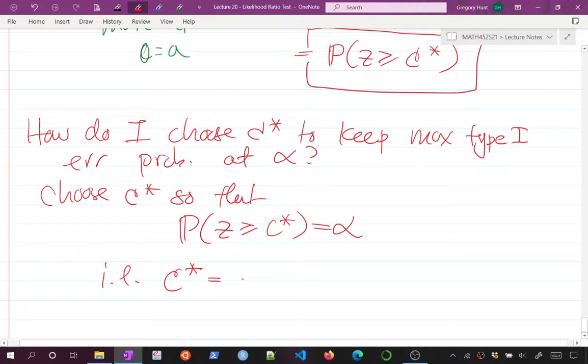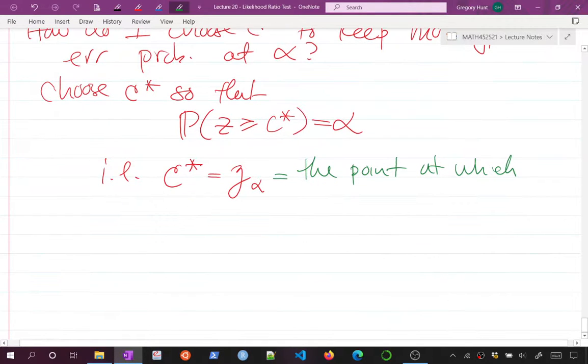The typical way it's denoted is z alpha, or at least that's the notation we'll use. But this is purely notation. This is just saying choose C star so that at z alpha, and z alpha is defined as the point at which, so let me draw pictorially what z alpha is, right?